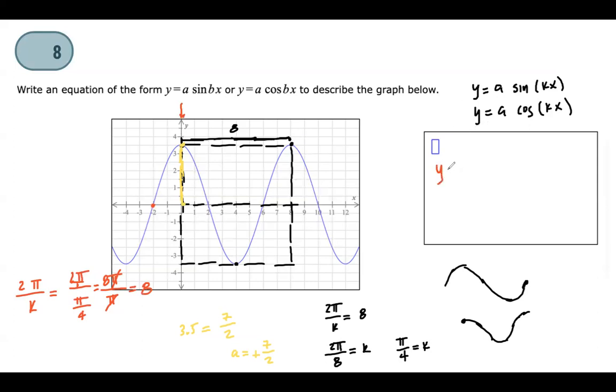So you're going to go for y is equal, in this case, the A ends up positive because we don't have any reflection. So plus 7/2 times the cosine, and K ended up being pi over 4. So I can use parentheses or not, that's up to you. Pi over 4 times x.